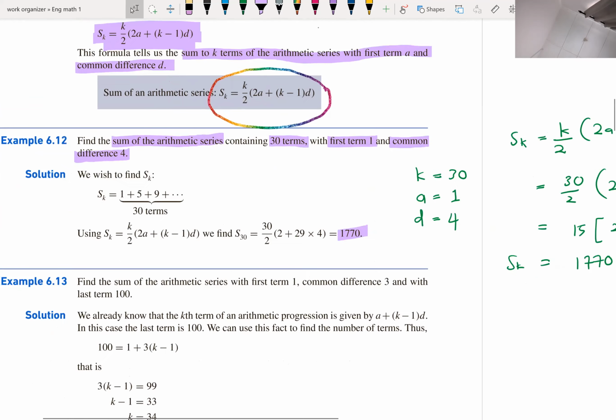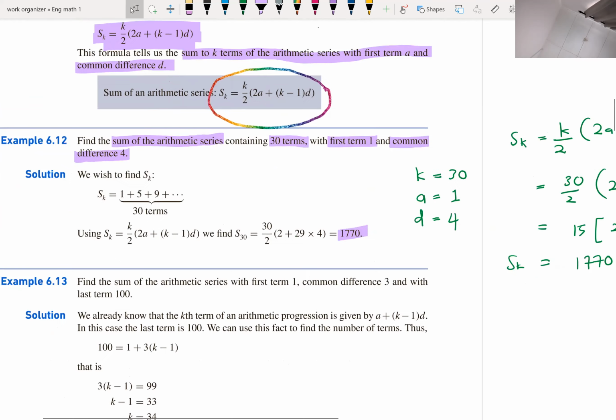And then K we will get is equal to 34. But not yet. We have to answer how much is the sum of the arithmetic series, which is SK. Again, SK, what is the formula?